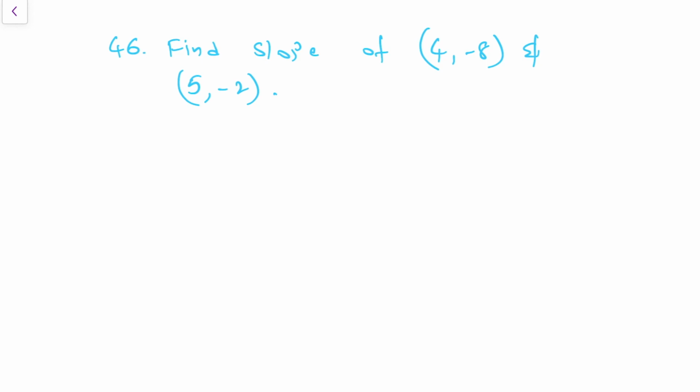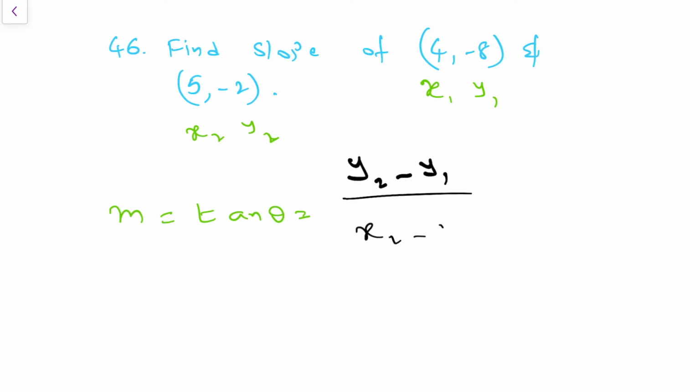Next, find the slope of (4, minus 8) and (5, minus 2). So we can write this as x1 y1 and this as x2 y2. So what is the slope formula? Slope is represented with m, otherwise with tan theta. So the formula is y2 minus y1 divided by x2 minus x1.